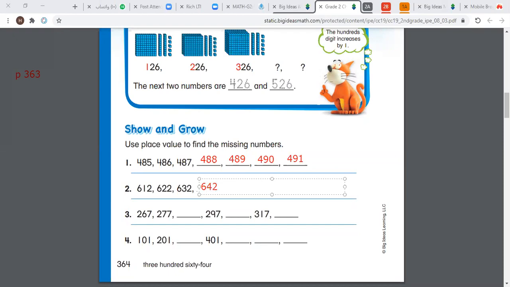Can you see, Adam? Yes, 642. We have 600, 2 ones, but increase 1 in the tens place, in the tens digit. Here 3 tens, but here 4 tens.